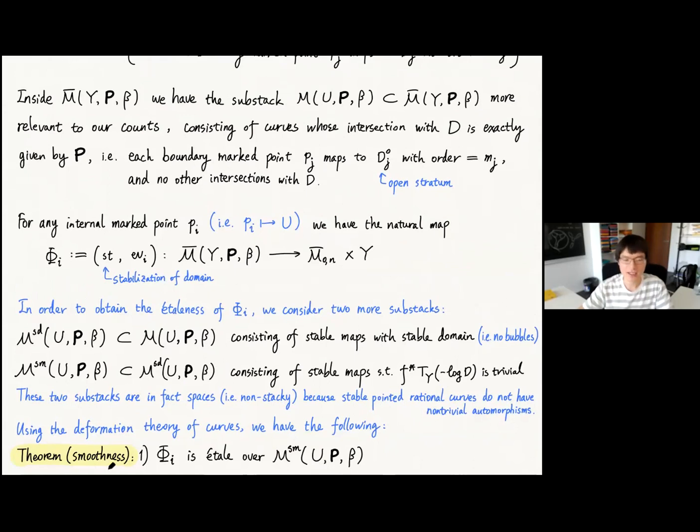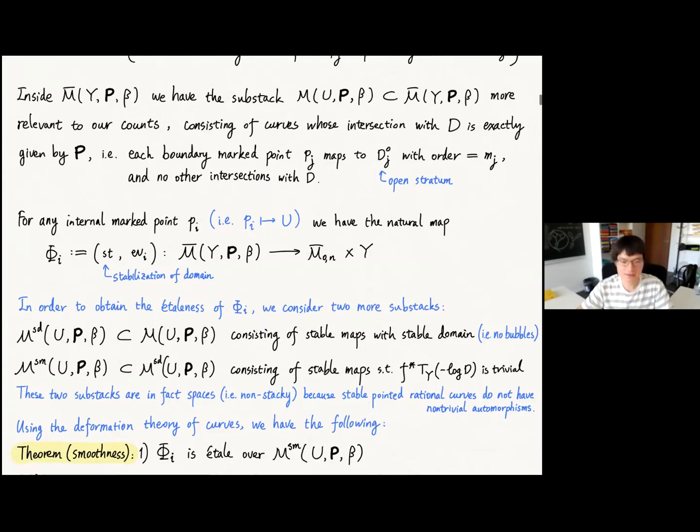Finally, I give the precise statement of the smoothness theorem, which we have used already several times in the previous two lectures.